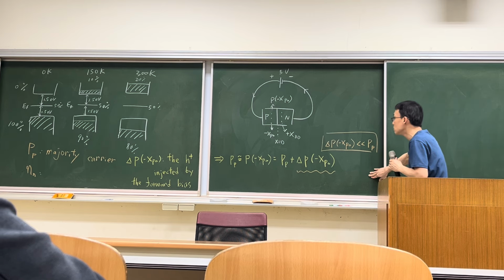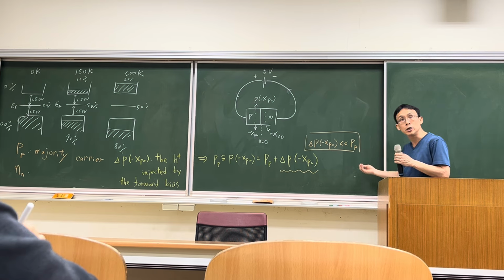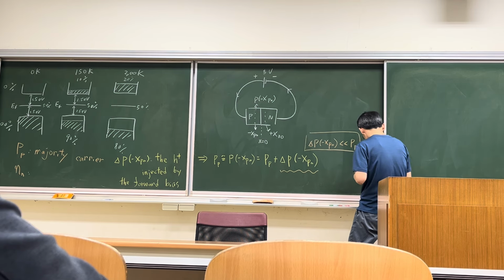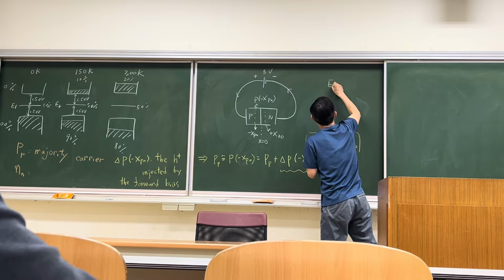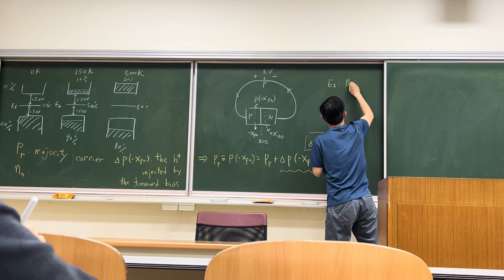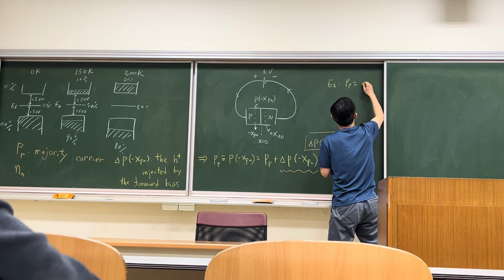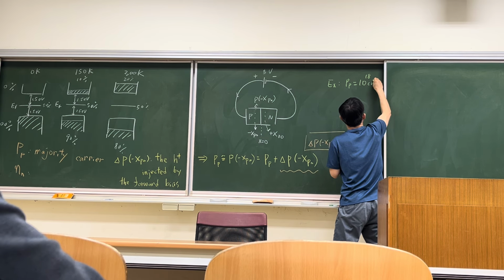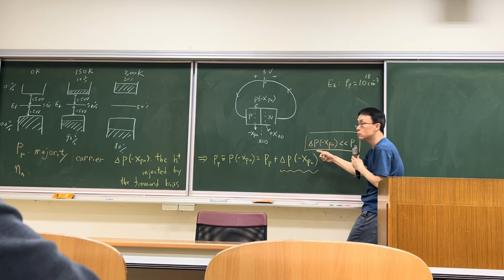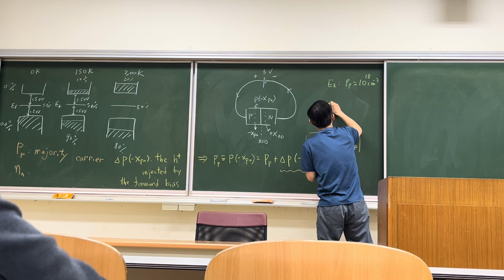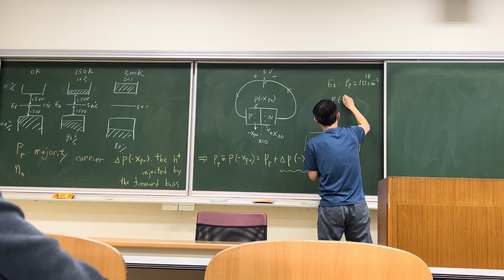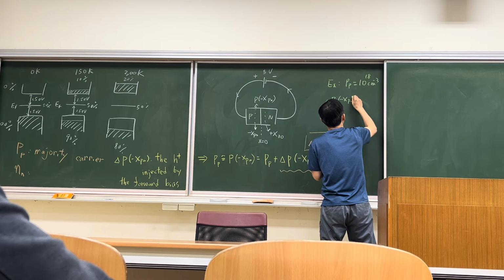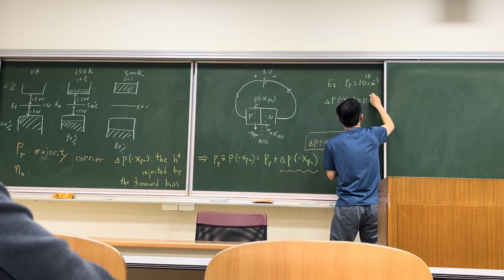For example, usually PP is on the order of 10 to the 18 cm^-3, and the delta P at the minus xp0 can be 10 to the 12.